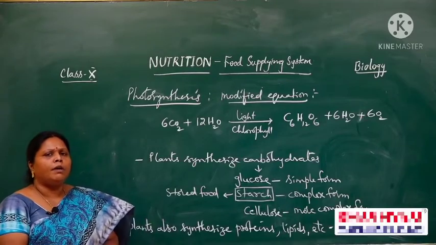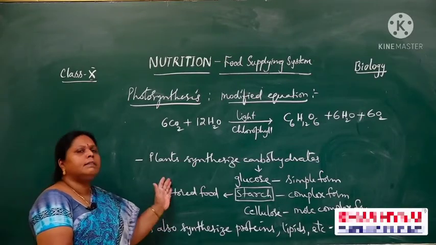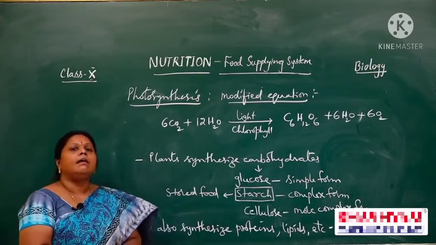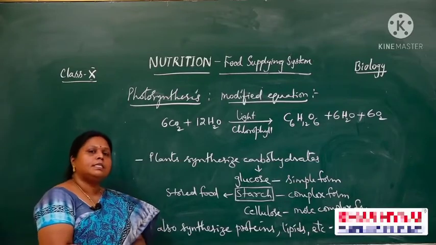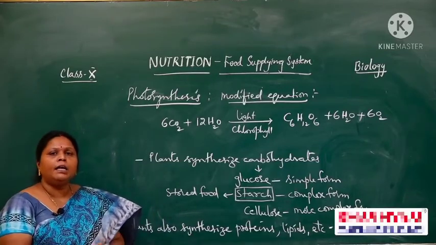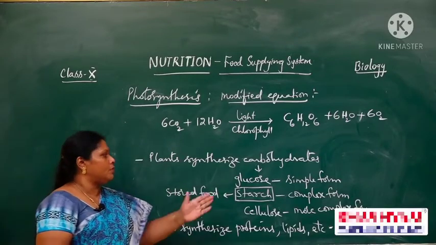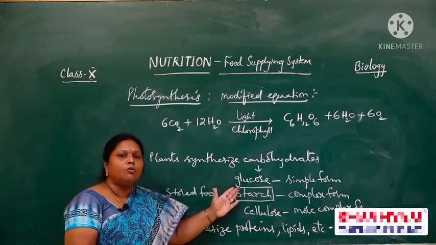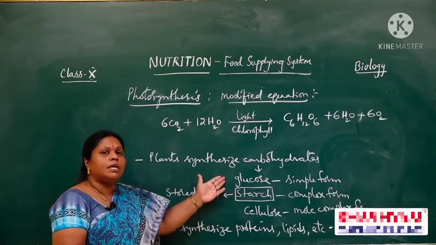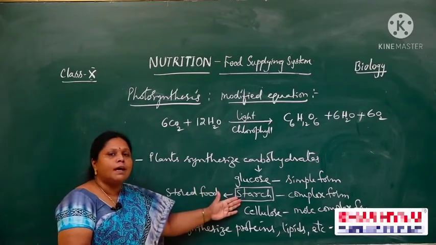So, we all know that plants synthesize carbohydrates by a process called photosynthesis, isn't it? While undergoing photosynthesis, plants generally prepare glucose, and this glucose is converted into starch.